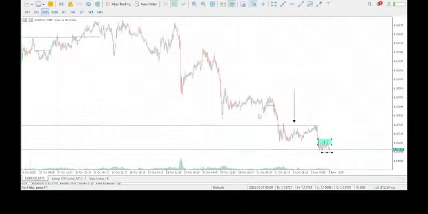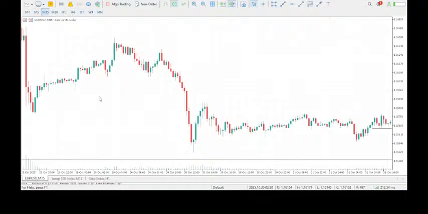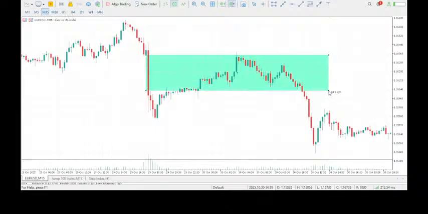Let me look for another fair value gap. In 15 minutes we also have this fair value gap that we had here, this big one. It started here and also from here. In this back testing, I can also see that I have an order block, this order block.